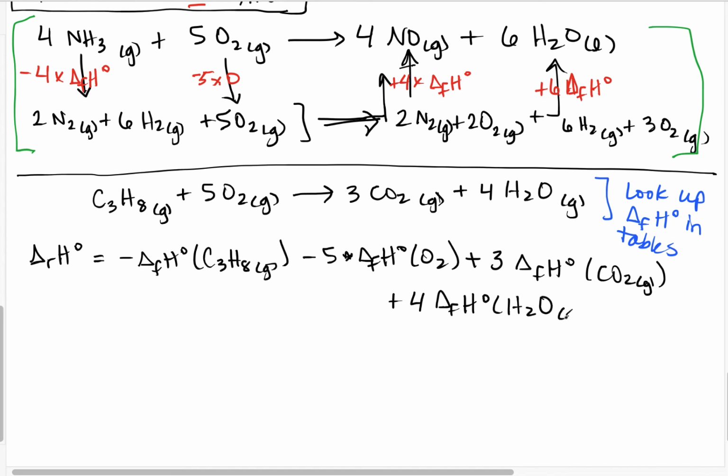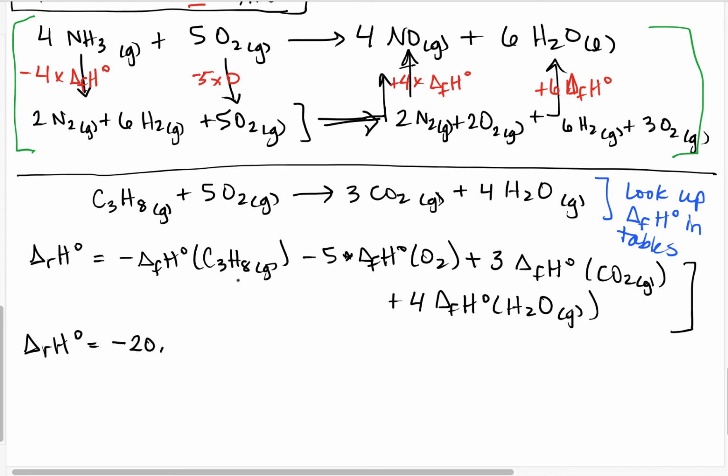And you also do not have to write out your reaction like this. You can go straight to the numbers if you prefer. Please always do show your units and show all the steps so that I can follow what you're doing, especially if you accidentally make a mistake or something.